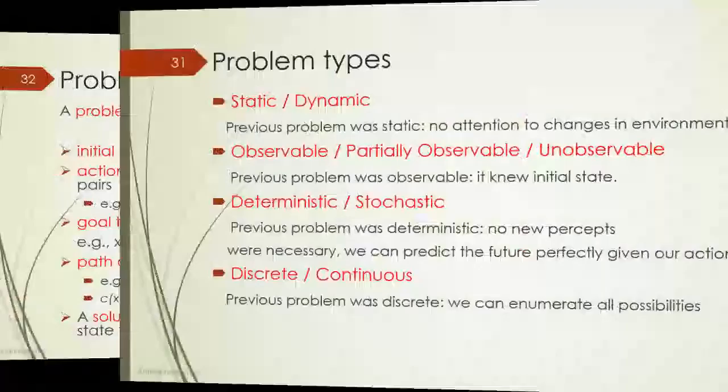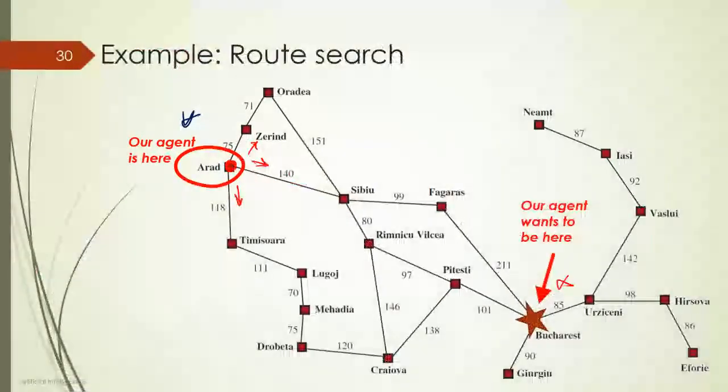At first, I have three options, so my tree will have three branches. One branch here is Arad. The other branch will be Timisoara. The other branch will be Zerind. The other branch will be Sibiu.